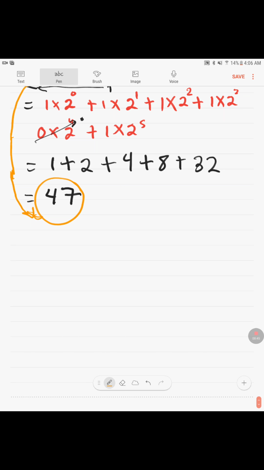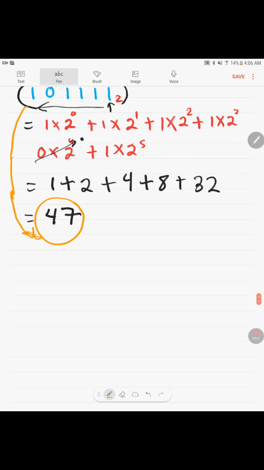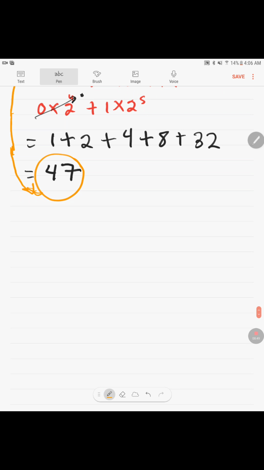So we could now do any system. Let's say I have a number in base 3.